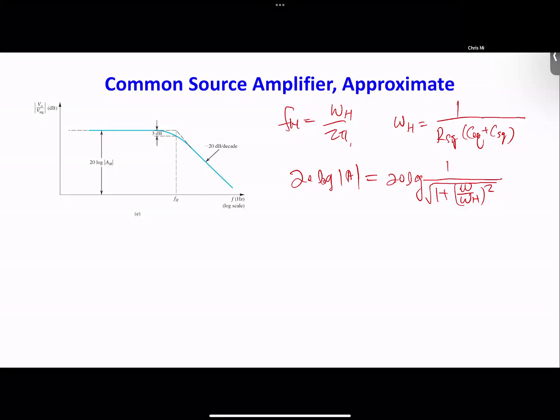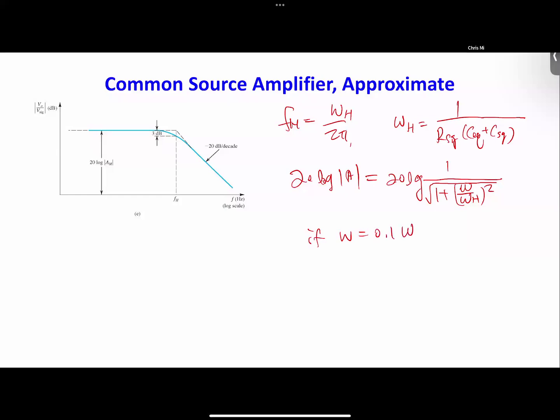So let's say, if omega is 0.1 omega H, what do you have? Let's call this gain.